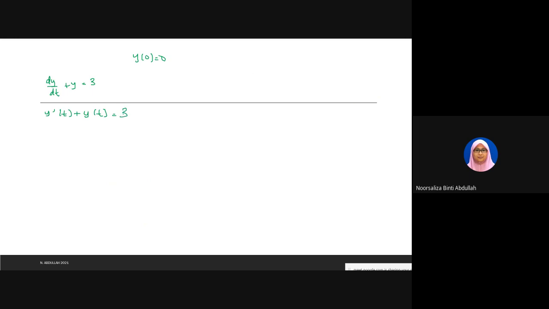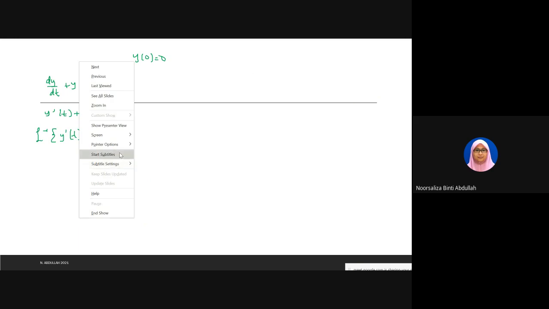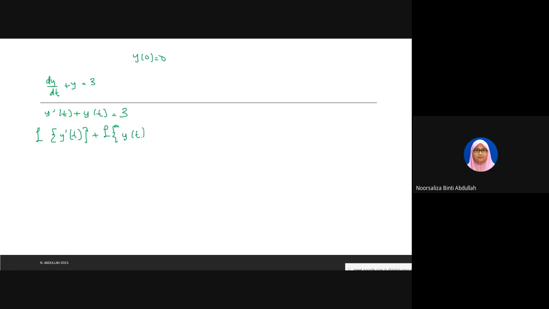Okay, so using the Laplace transform means you find the Laplace for each term. So Laplace for y prime(t), plus Laplace for y(t), equals to Laplace for 3.